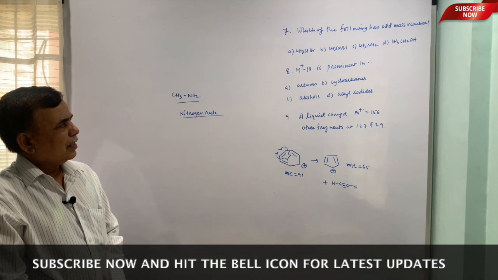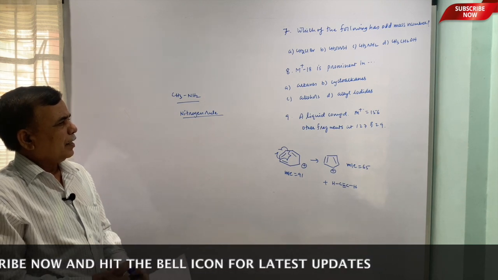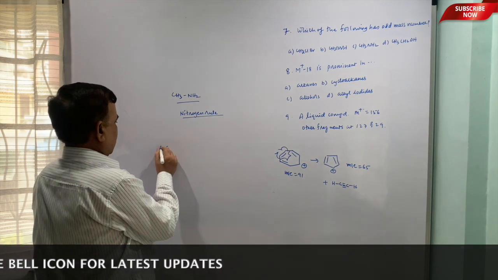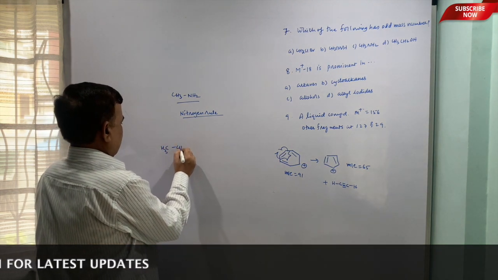Number 8, M plus minus 18 is prominent in alkanes, cycloalkanes, alcohols, and the correct option is alcohols.